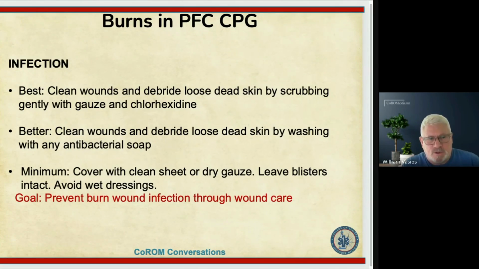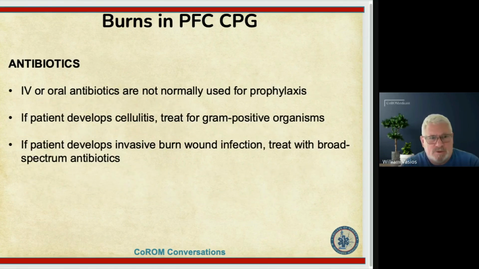Yeah. And the goal of the so what of infection control is doing it through your normal wound care process. And that's cleaning and debriding the wound, covering and protecting it, and rinse and repeat, with the appropriate pain control during the changes. Antibiotics. So no prophylaxis for this unless there is a concomitant trauma.